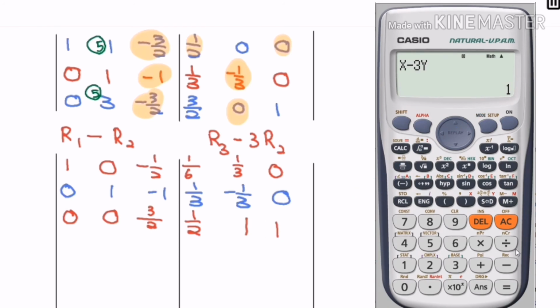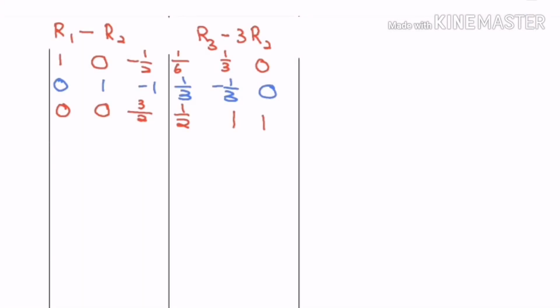Okay, so I have done the first row and third row for the second column. So now our target is to convert the A33, which is my step number 6, A33 from 3 over 2 to become 1.